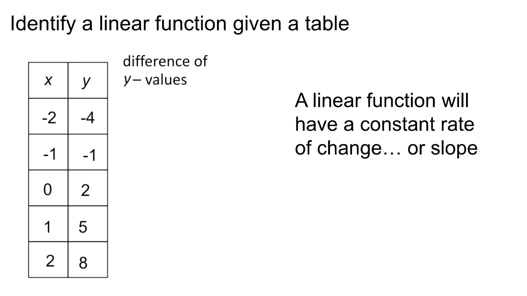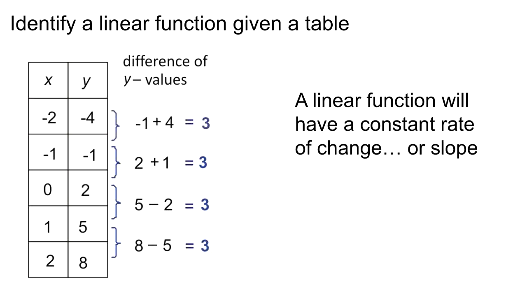If you wanted to identify a linear function, all you would do is take, as long as the x's are going up by a constant amount, and you know they are in this case, they're going up by 1s, then all I'm going to do is subtract. 8 minus 5 is 3, and 5 minus 2 is 3, and 2 minus negative 1, well, that's the same thing as 2 plus 1, that's 3. And negative 1 minus negative 4 is the same thing as negative 1 plus 4, that's 3.